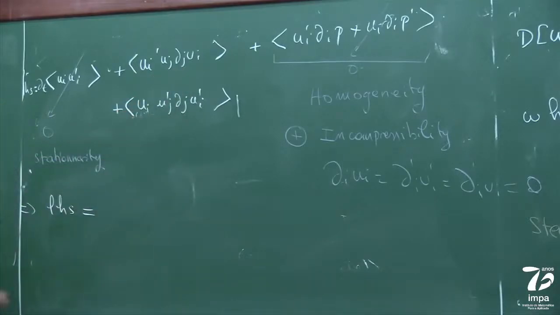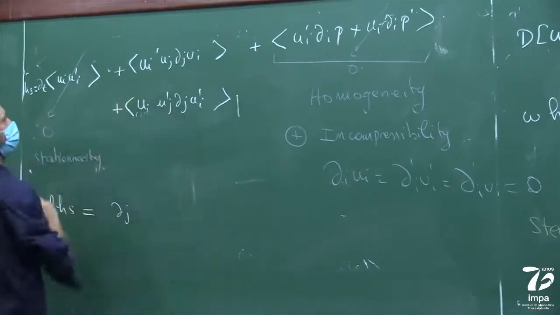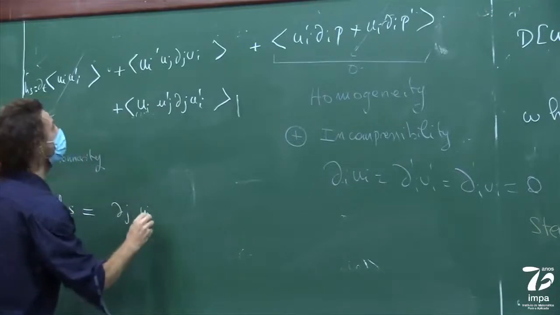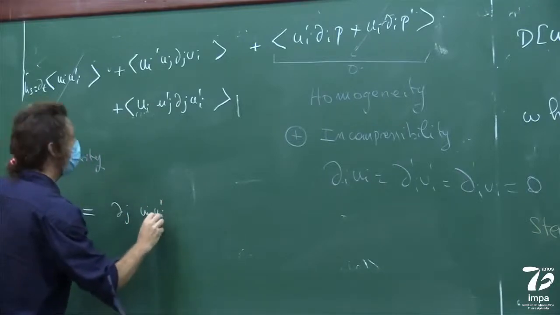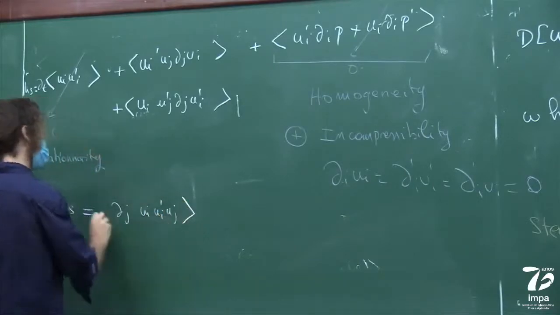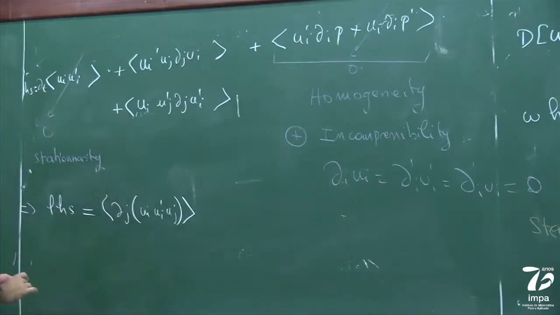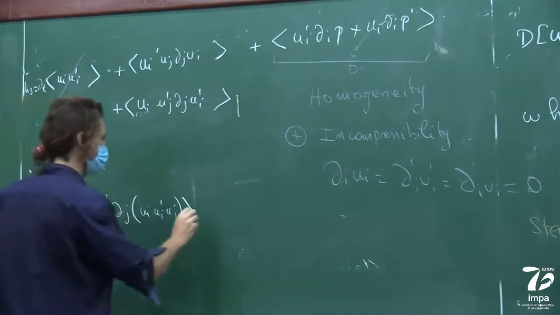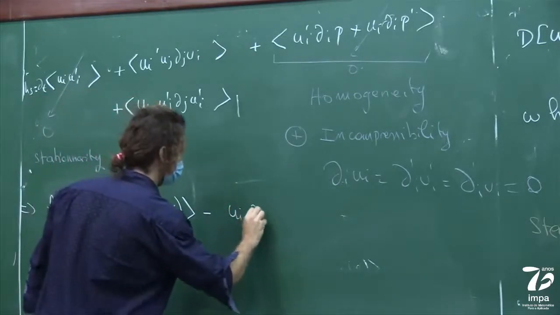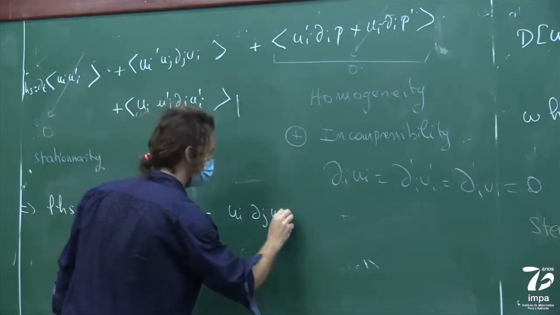And we will get the derivative with respect to j of ui u prime i uj minus ui uj di of uj u prime i.